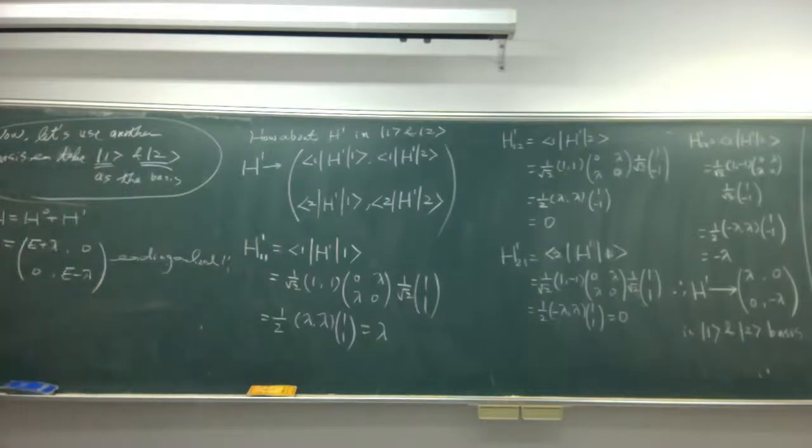And when you have the diagonalized Hamiltonian, what's the energy? It's pretty easy, right? Just the elements on the diagonal. So when you see this Hamiltonian, you immediately see, okay, I have two different energies. One is E plus lambda, another one is E minus lambda.